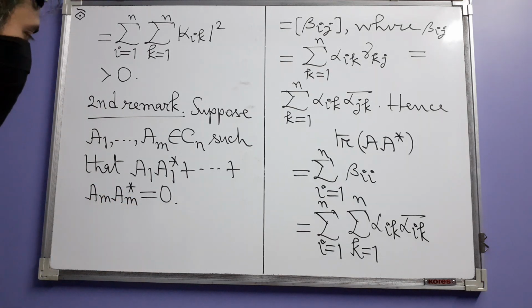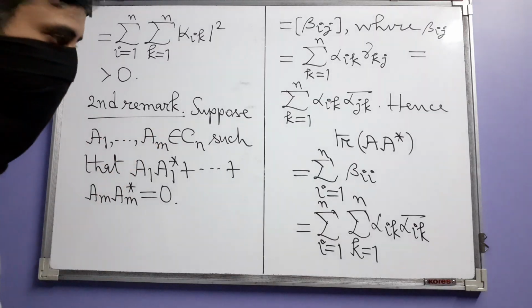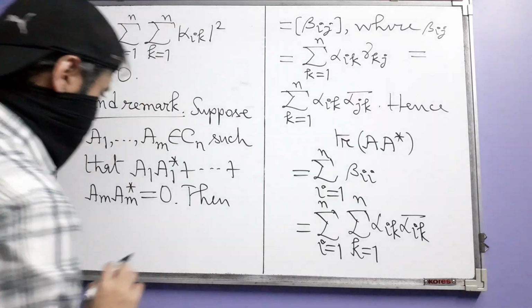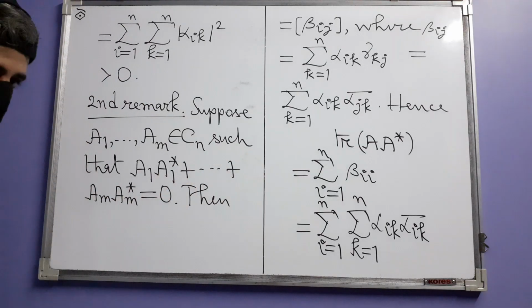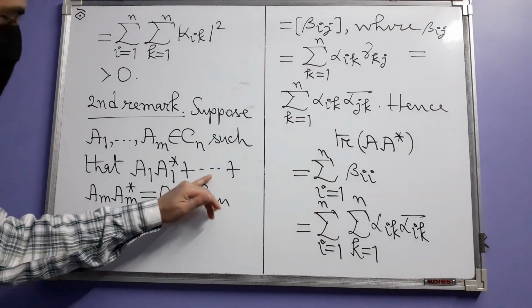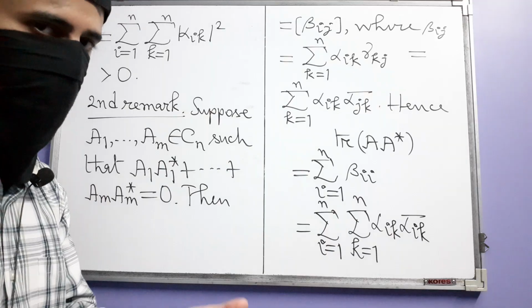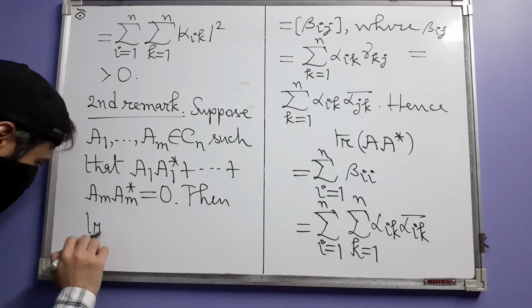Then we are going to claim that all the matrices have to be equal to 0. How? Let us take trace on both sides. If we do so, and we recall that trace distributes itself over a sum, because this is one property of trace, we get this.